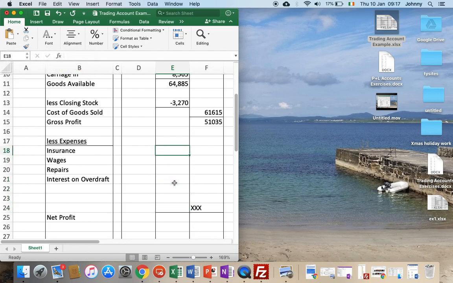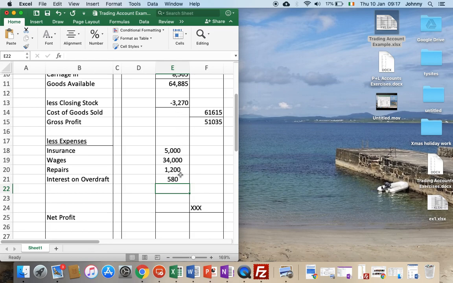So if I put in some numbers here, let's say insurance is €5,000, wages is 34,000, repairs is 1,200, let's say, and interest on overdraft is €580. Now, we've got the same problem we had before. We could make a mistake.